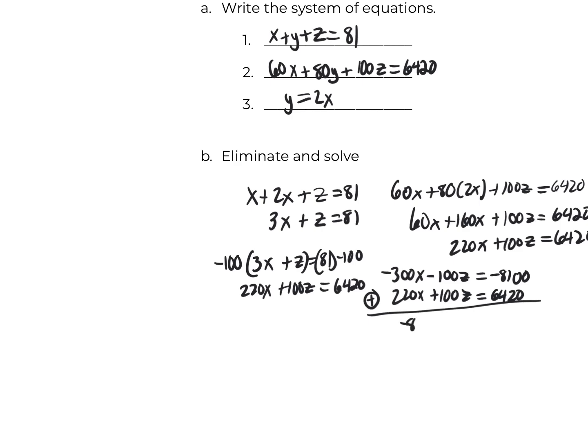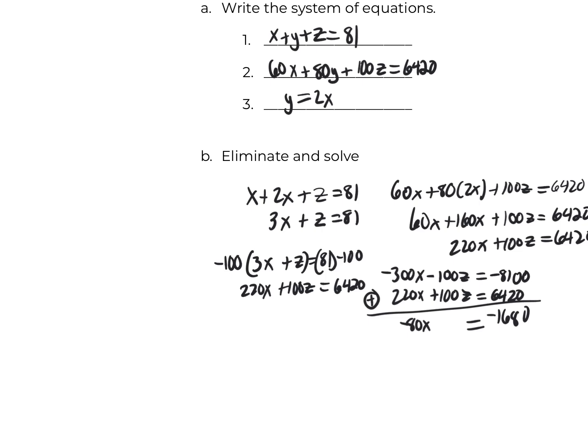So that gives me negative 80x equals negative 8100 plus 6420. Get my calculator pulled up here. And that's negative 1680.